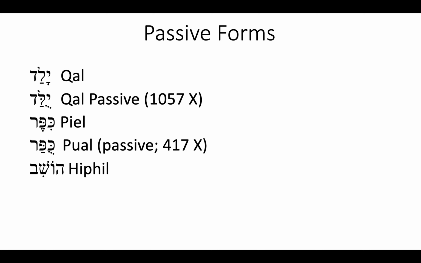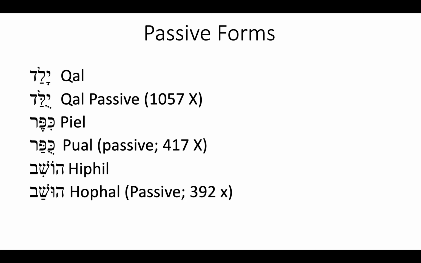So this would be to make someone sit or dwell, cause to dwell. And that first yod changes into a vav when it goes into the Hifil form. You might recall that. So the Hifil form of this verb is hoshiv, and the Hofal form is hushav.